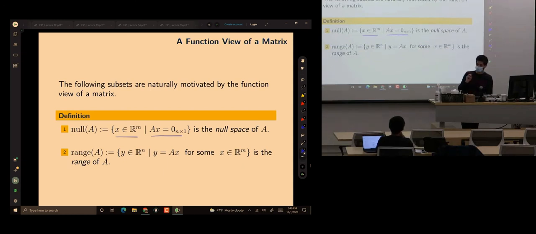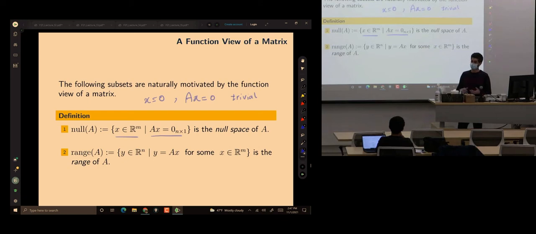Now, x equals 0 is always a solution of Ax equals 0, right? This is the trivial solution. So your null space always has at least the 0 vector.